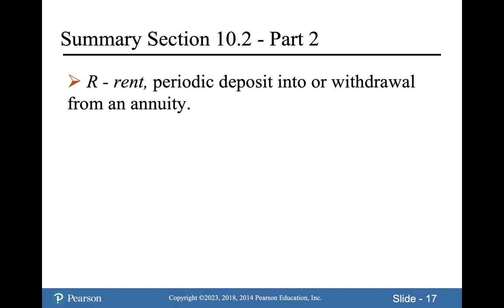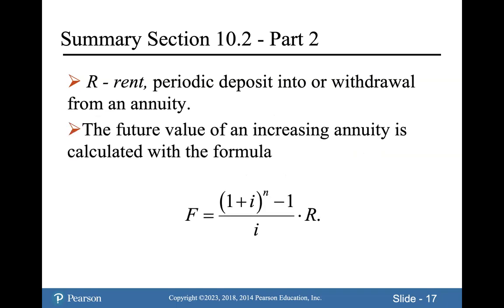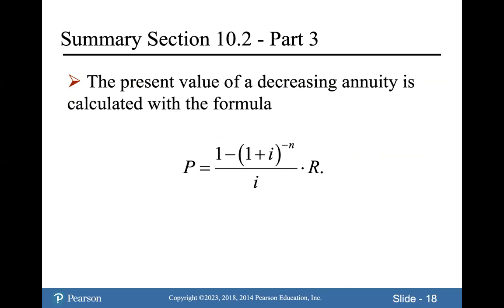R, the rent, is a periodic deposit into or withdrawal from an annuity. The future value of an increasing annuity is calculated with this formula, whereas the present value of a decreasing annuity is calculated with this formula.